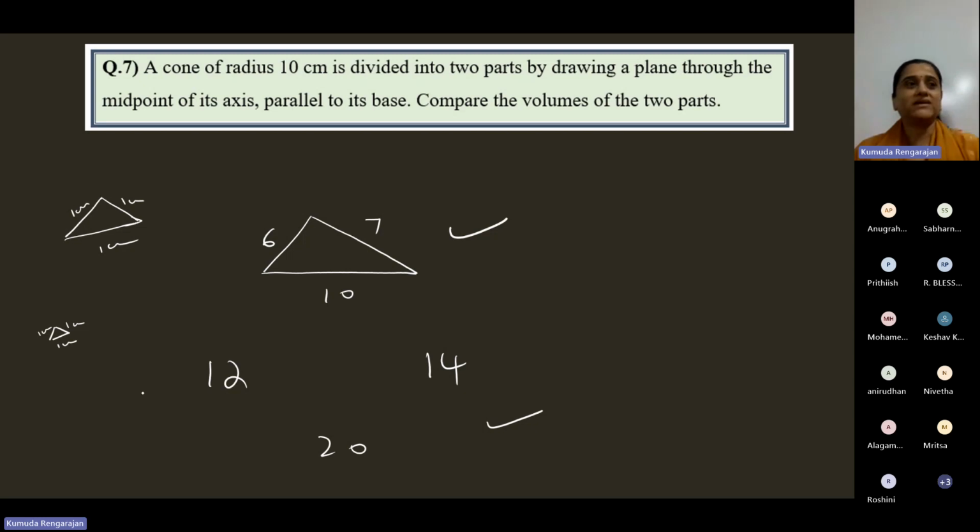Now imagine a big equilateral triangle of side 1000 centimeters. There also the angles will be 60, 60, 60 only. So whether it is a small or a very large equilateral triangle, each angle will measure 60 degrees.